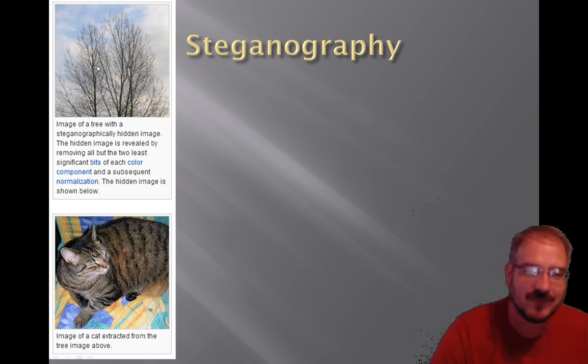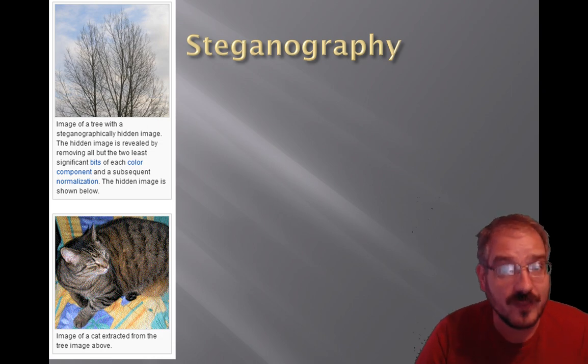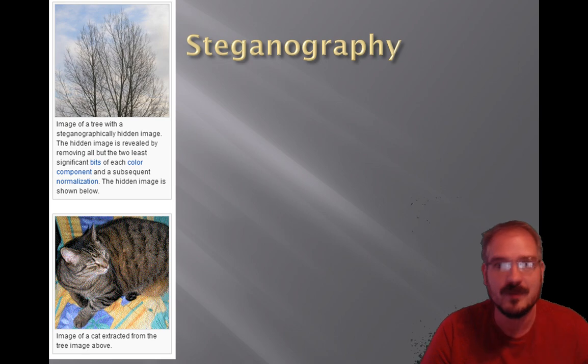Using that least significant bit method we talked about in the last slide, they hid this image inside that one. And anybody looking at this image would not know it had any hidden message within it unless they knew to look there. So this is how a lot of terrorists communicate.